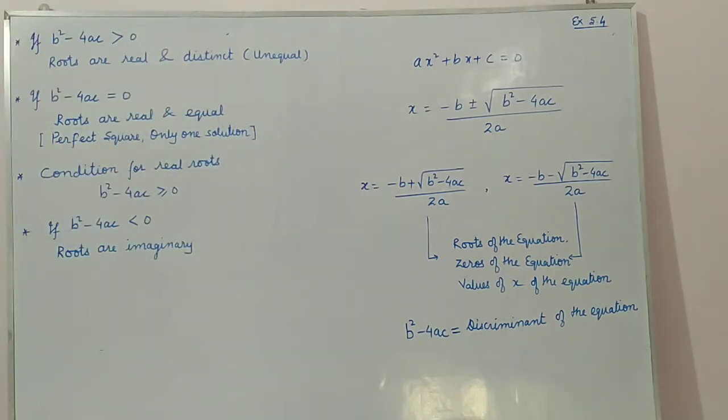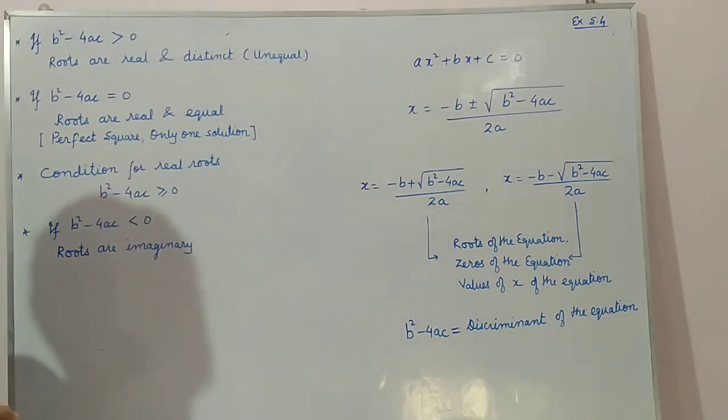Distinct means what? Two different values of x. If b square minus 4ac is equal to 0, in that case the roots are real and equal. Equal means what? Both will have same values. The values of x will be same.